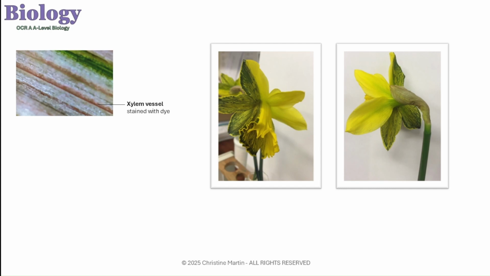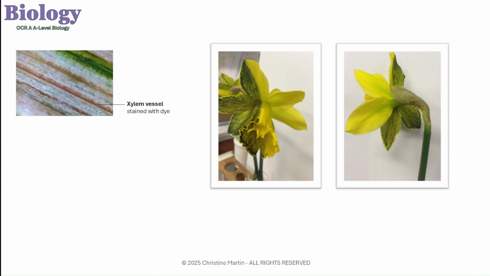After 24 hours, you can take a transverse and longitudinal cut through the plant stem using a very sharp blade, and the dye will show the position of the xylem vessel as either a coloured region, which is visible in coloured dots in the transverse section, or coloured lines like this diagram.